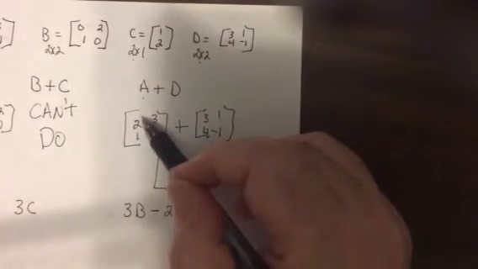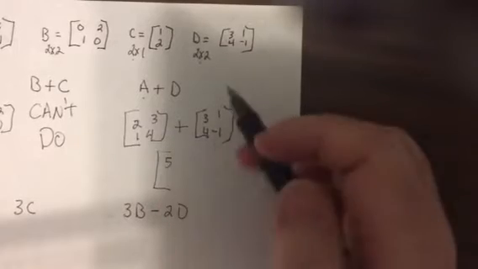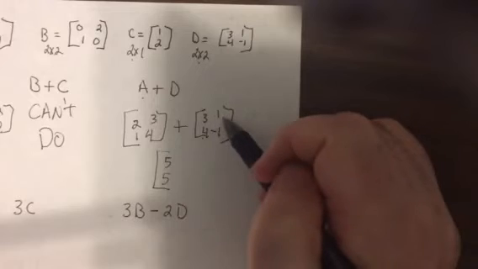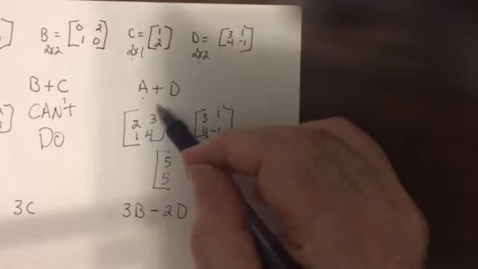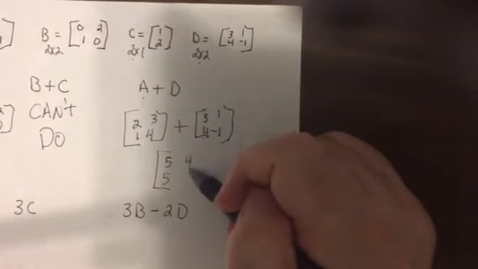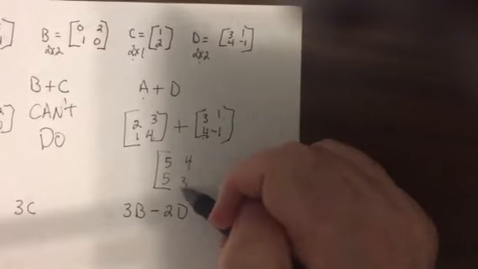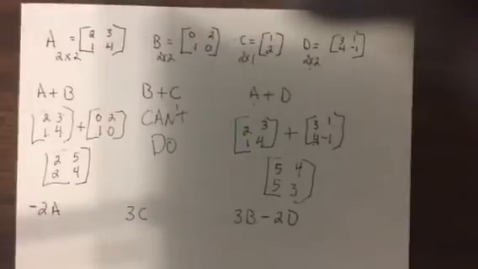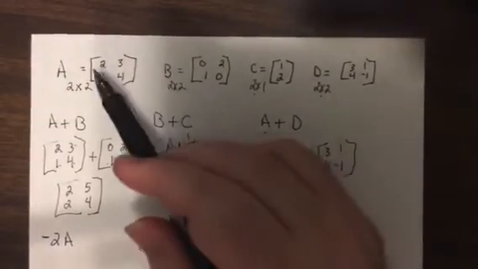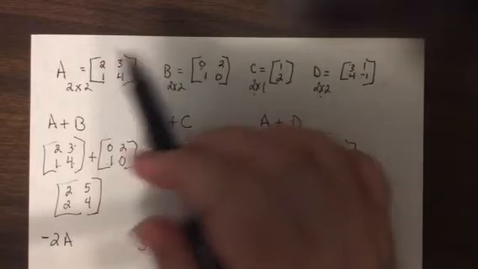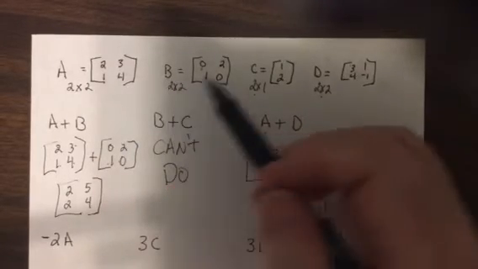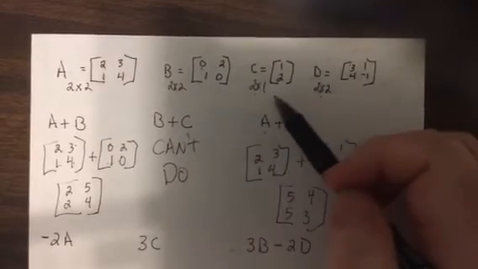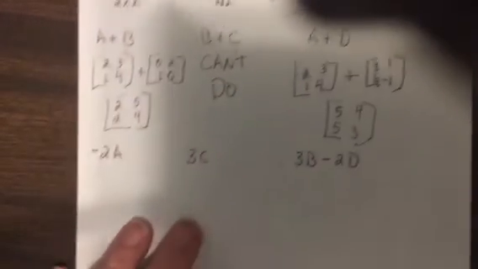Spot 2, 1, second row, first column, plus that location, that'd be 5. 3 and 1, row 1, column 2, that's 4, and then 4 and negative 1 is 3. So adding should be pretty easy if they have the same dimensions. So can I add A to B? Yes. Can I add B to A? Yes. They're both the same dimensions. Can I add B to D? Yes, same dimensions. How about C to D? No, not the same dimensions.